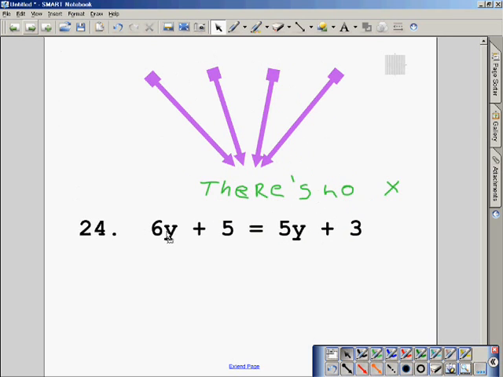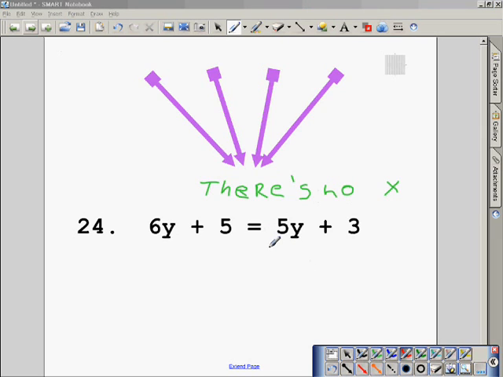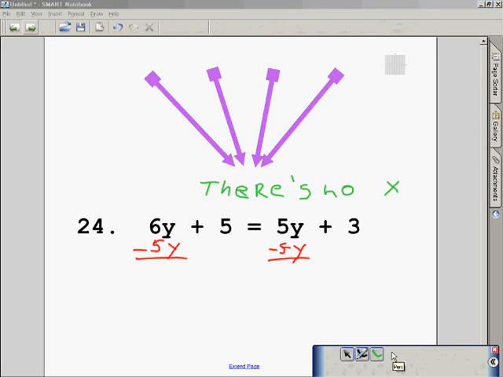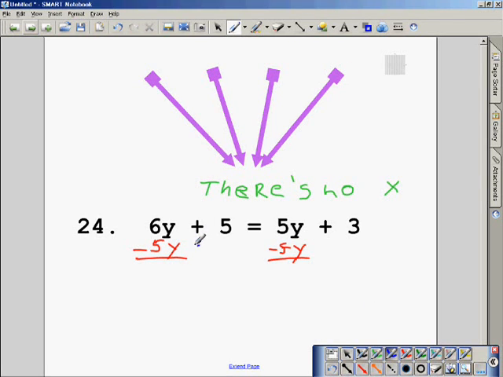So when we go to solve this, we're just going to end up solving this thing for y. To do that, we need to subtract 5y from both sides. Now this may seem strange to some and others it may not, but we can also subtract the 5 from both sides.